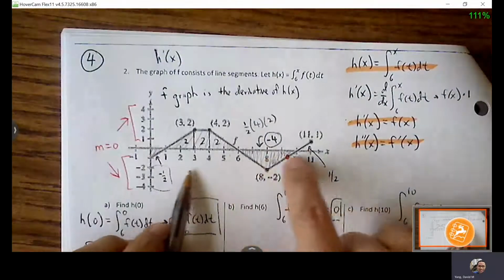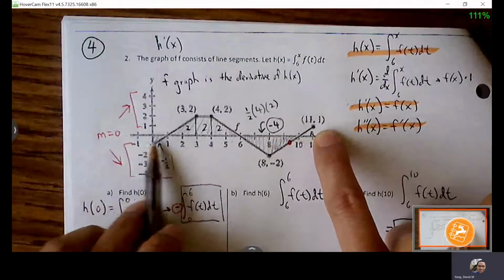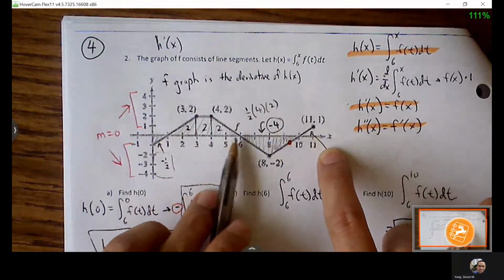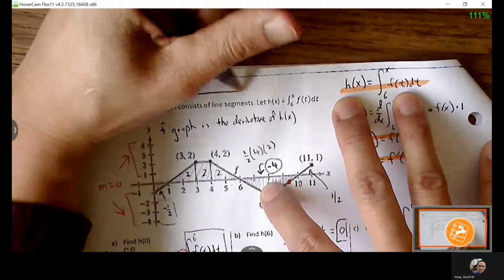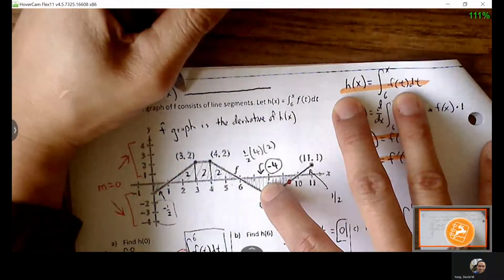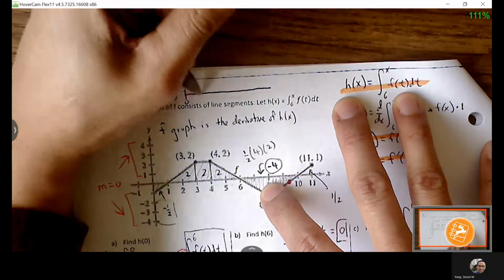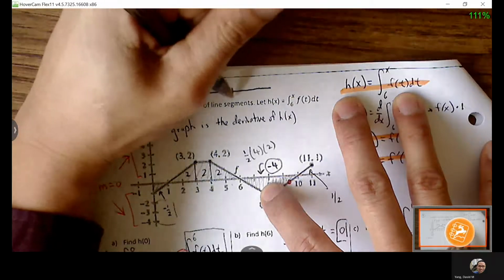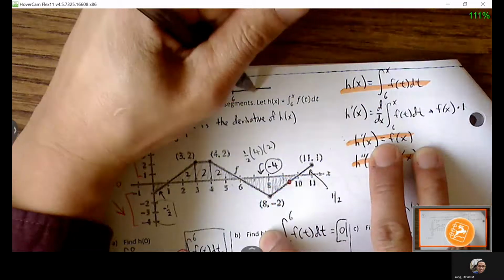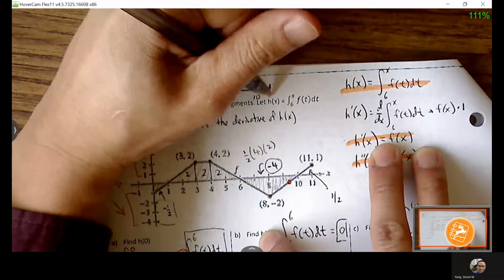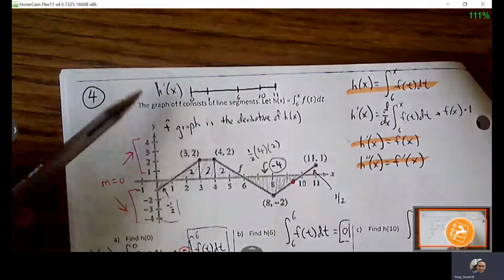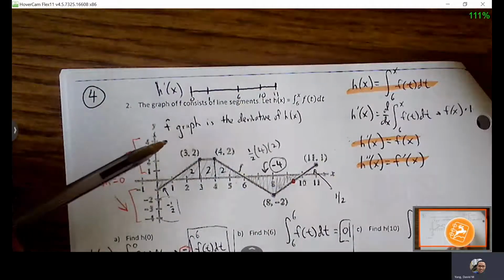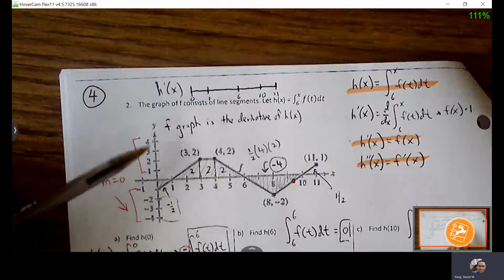Okay, critical points is where slope is 0. So slope is 0 at 1, 6, 10. I also included the endpoints because the graph starts and ends at 0 and 11.